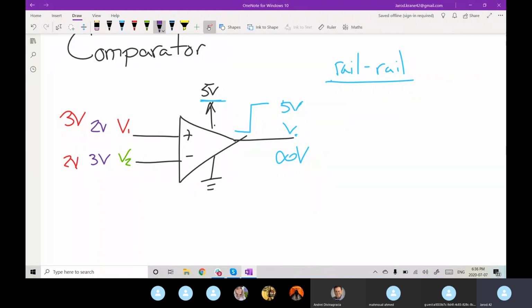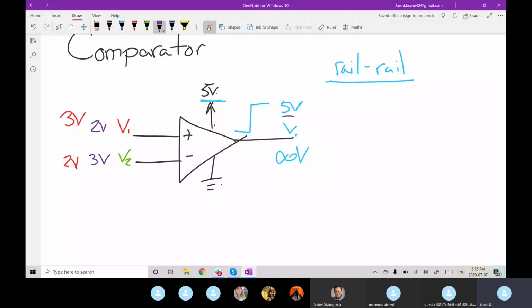But yeah, so the rail-to-rail is an op-amp that's designed specifically to be able to handle hitting your upper and lower supply voltages. So we can actually see this 5 volt output. And then if we go on to the next example where we apply 2 volts to the non-inverting and 3 volts to the inverting, what it's going to want to happen is see the difference of minus 1 volt, and again amplify that by infinity.